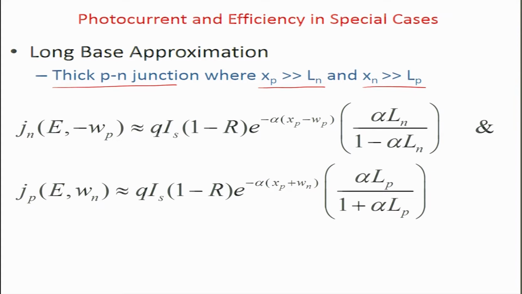As a result, you can modify these expressions, as the electron and hole current expressions are modified in this fashion. You can see here that the surface recombination terms vanish. These two terms become much simpler, primarily dependent upon the minority carrier lifetimes, absorption coefficient, and the width of junction and width of device. That is the only factor it depends upon.